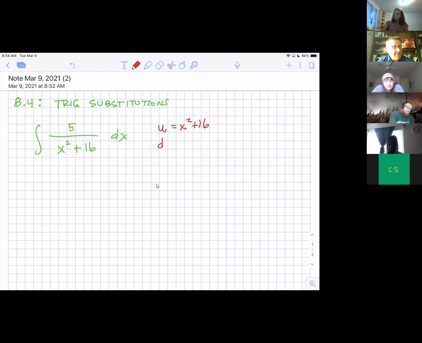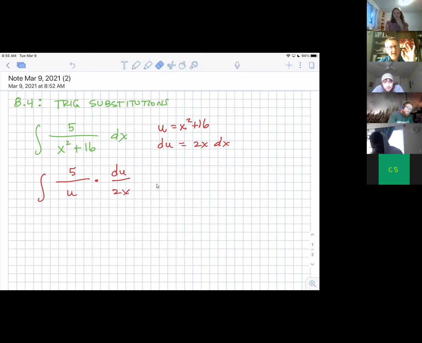So the only thing I can think to do is to let u be equal to x squared plus 16. So that means du equals 2x dx. And so, okay, great. What do we got? 5 over u. I love it. That looks great. I can do this, except for, unfortunately, dx is equal to du over 2x. Dang it. There's no x up there to cancel out.